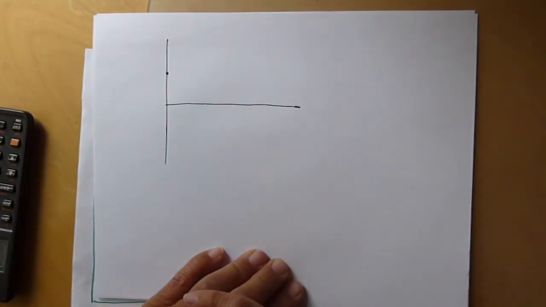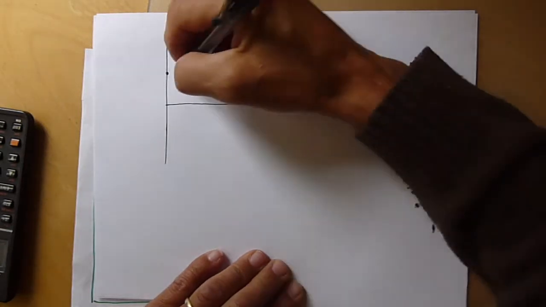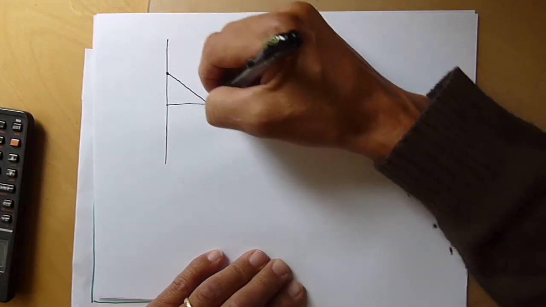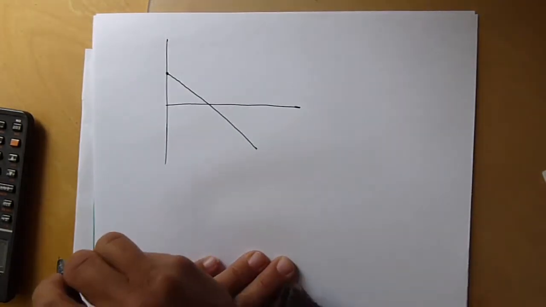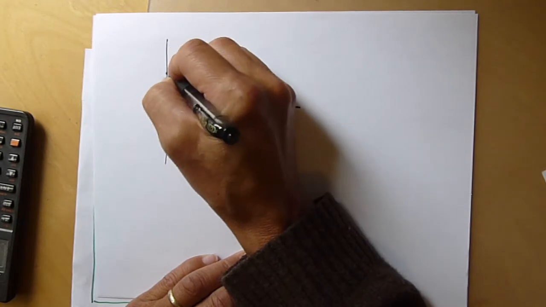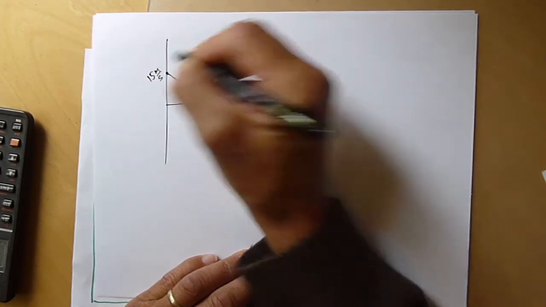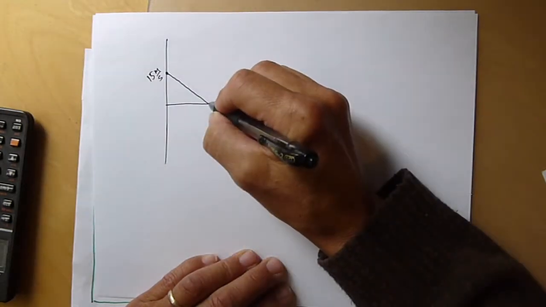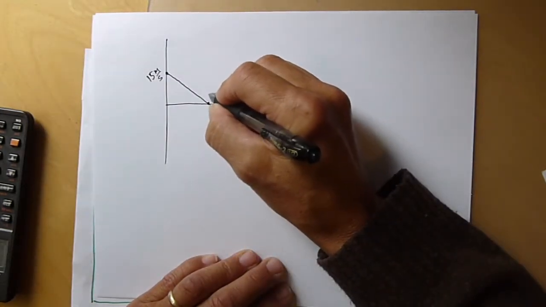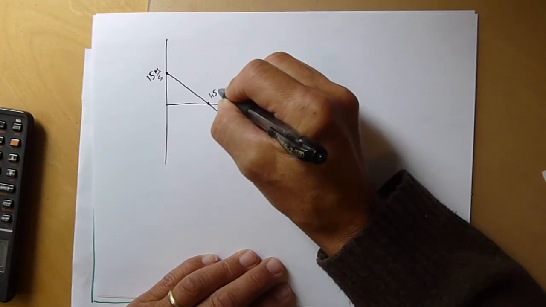When I release this rock or package, the package has a velocity of 12 meters per second. What's going to end up happening is that the velocity is going to remain positive as it rises, but it's going to decrease. So if it starts out with a velocity of, say, I'm using a different number than the homework, say 15 meters per second, it's going to keep on going up until 1.5 seconds.